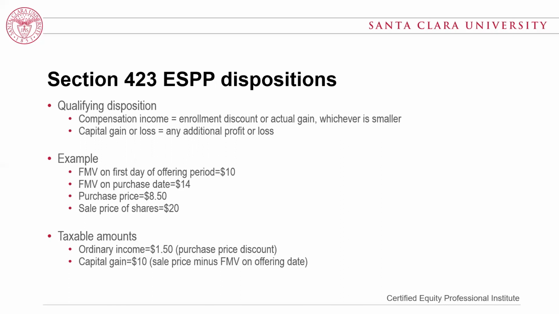Again, the compensation income from a qualifying disposition is reportable by the employer on the W-2. Any additional profit is capital gain.